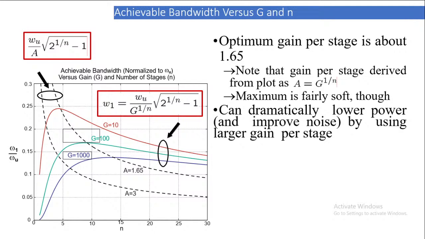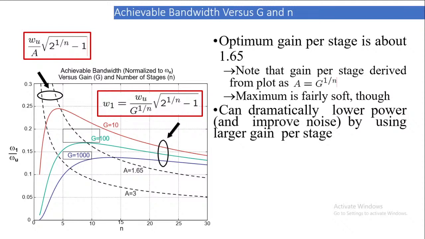How many amplifiers do you require? So for G is equal to 10, you require 5 amplifiers. For G is equal to 100, you require around 7 amplifiers. For G is equal to 1000, you require more than 10 amplifiers, around 10 to 15 amplifiers.